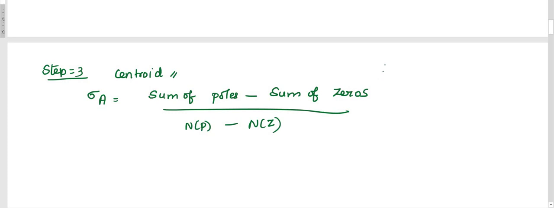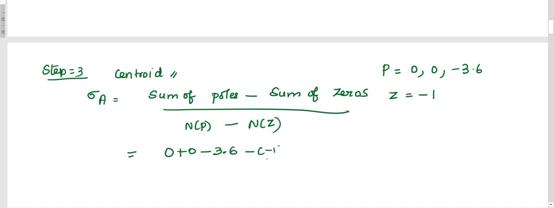Already we have the values. The poles are 0, 0, -3.6. The zero is -1. Substituting the values: 0 + 0 - 3.6 - (-1), divided by the number of poles, 3, minus the number of zeros, 1.